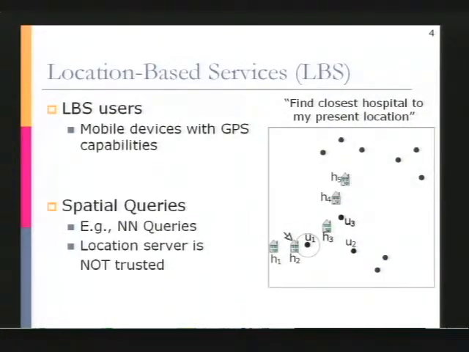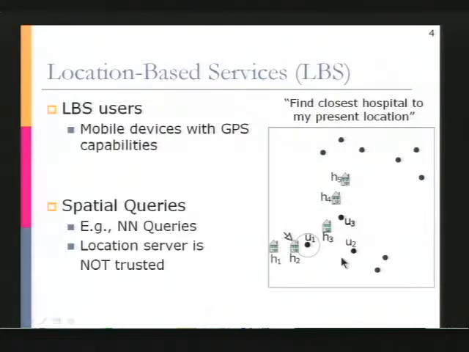So, moving on to the location-based services, or LBS, overview. The users of location-based services have mobile devices, and these devices are GPS enabled. The users are able to ask queries which are relative to their location, for instance, nearest neighbor queries. We have here an example with a number of users shown as dots and a number of points of interest.